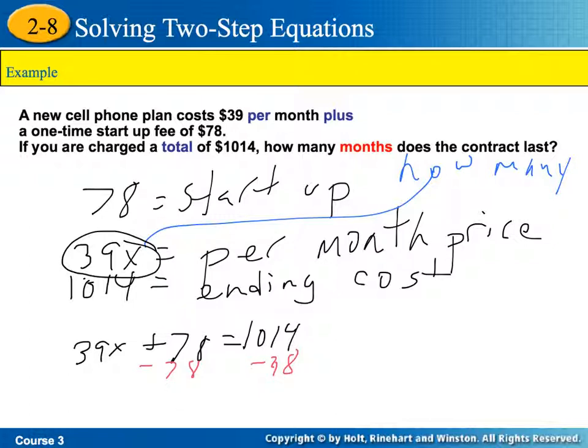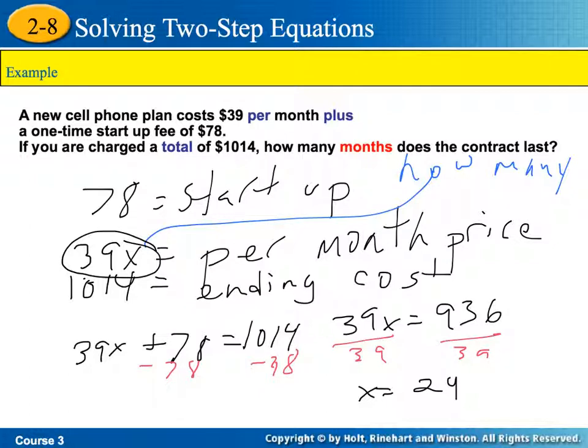Okay, so when you take that $1,014 and you subtract 78, you get 39x is equal to 936. Okay, so now what do we do? Well, we need to figure out how many months we're doing it. Divide by 39 on each side. X is equal to 24 in our answer.